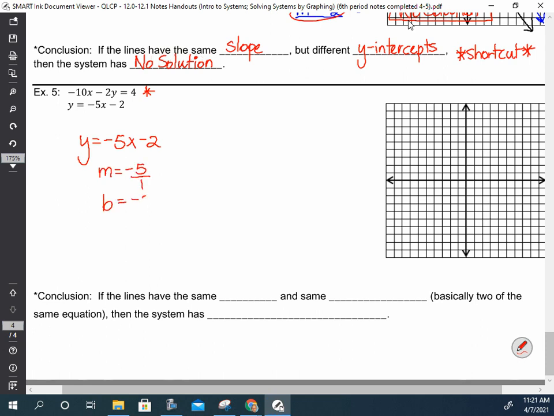Your y-intercept is negative 2. Go to the y-axis, put a dot on negative 2. Down 5 to the right 1. Or you can go up 5 and to the left 1. So there's the first equation.